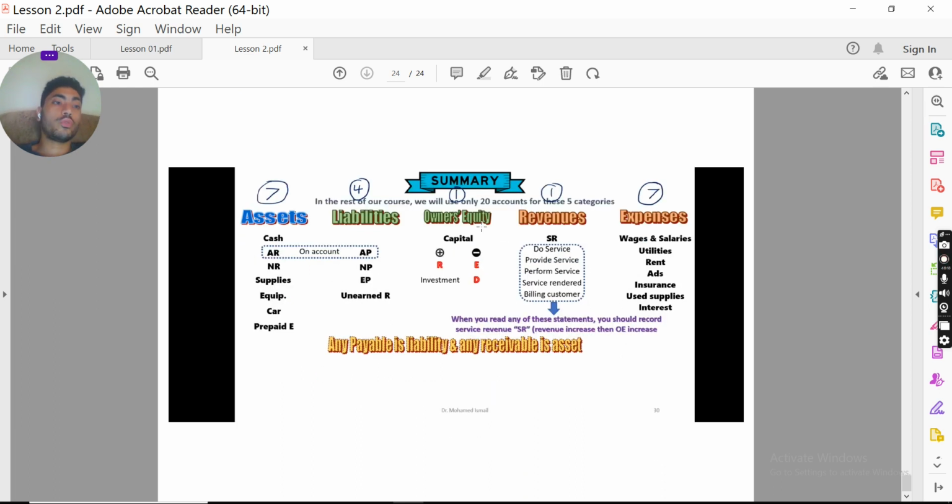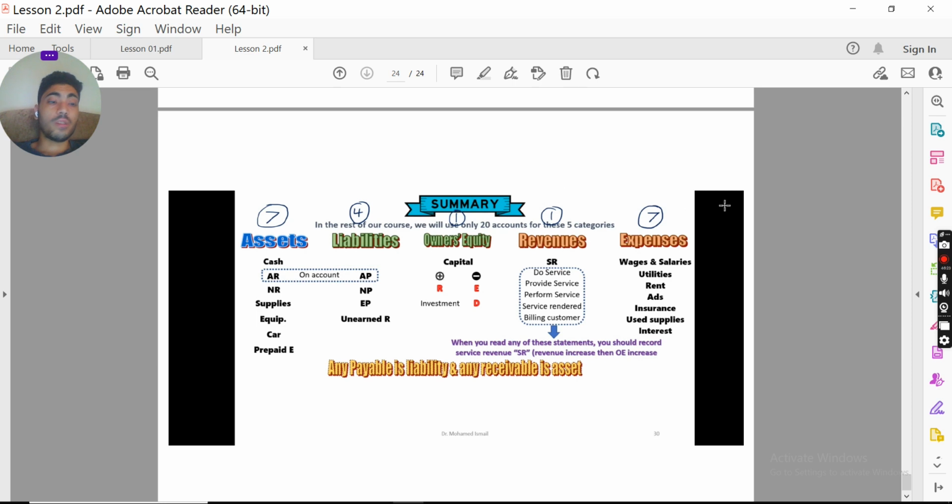Let's give you a summary of what we said earlier. It's a very easy summary to know: assets, liabilities, owner's equity, revenues, expenses.